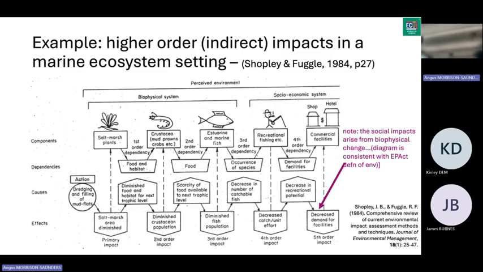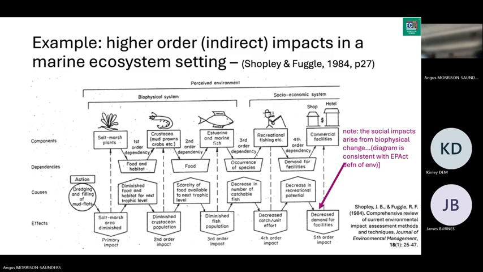Then what happens? Well, the crustaceans that live there decline. Then the fish that live on the crustaceans decline. Then the fishing industry collapses. Then people stop going to the hotel and going on their summer holidays there to go fishing because there's no fish. So you trace those pathways.